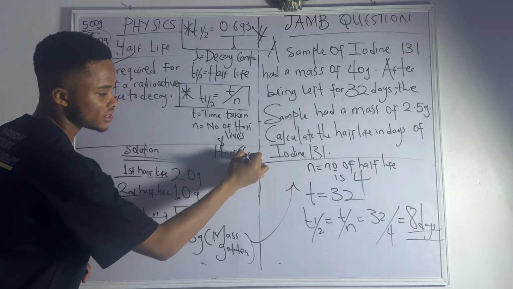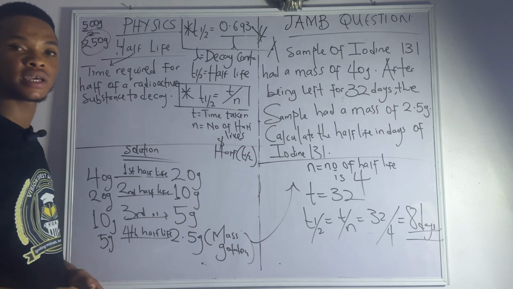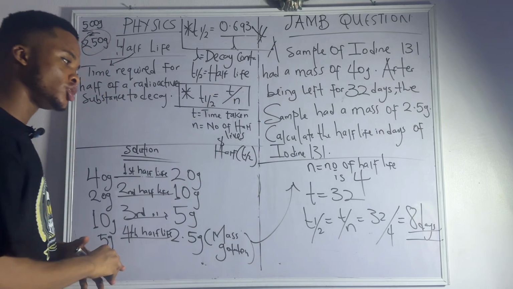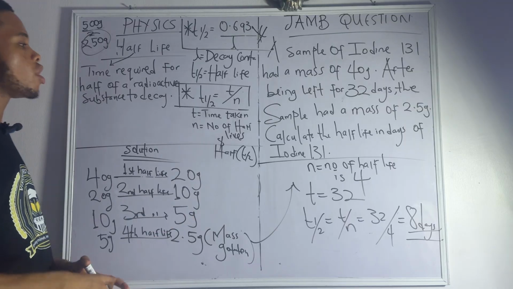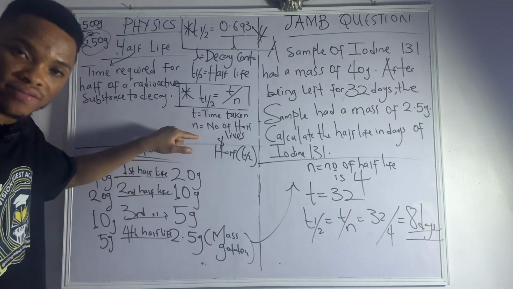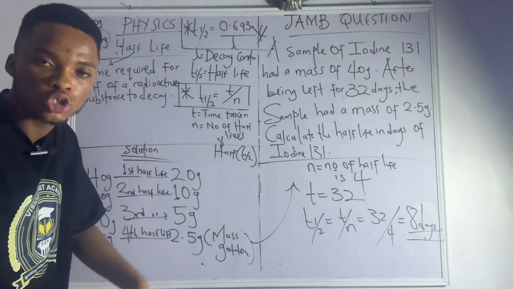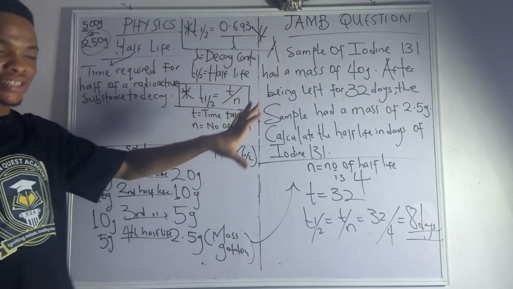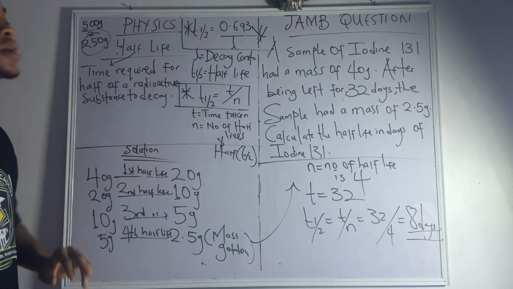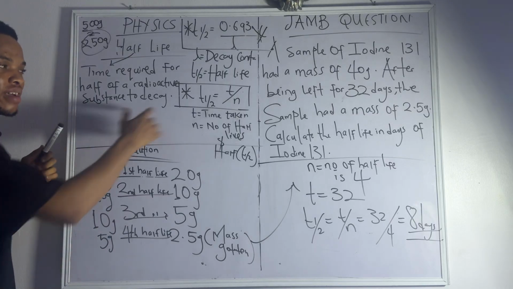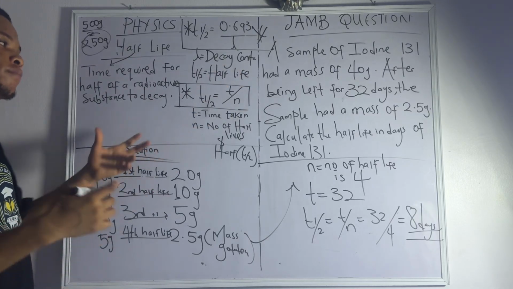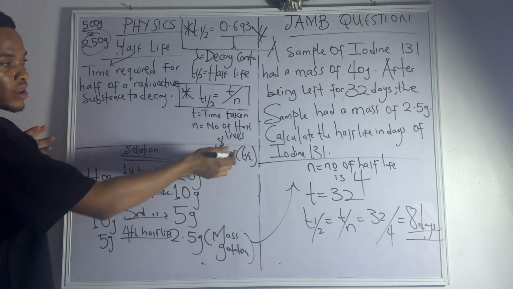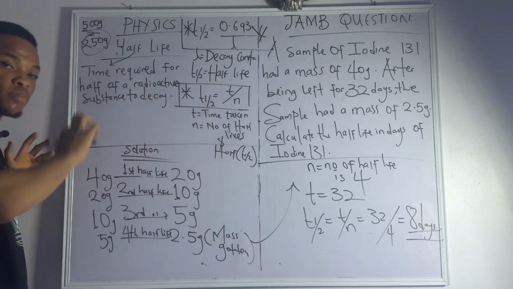Half-life is just doing half of the element, but number of half-lives is the number of times you did that half. Don't worry, once I explain this question, you will get why the two are different. So if you have the time taken and the number of half-lives, you can get your half-life properly.